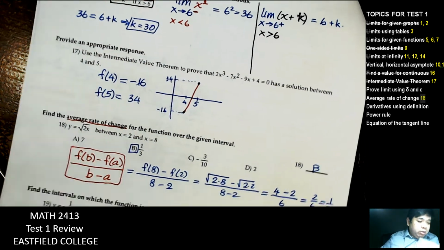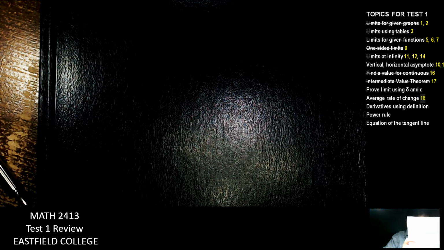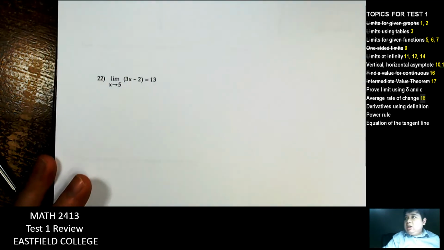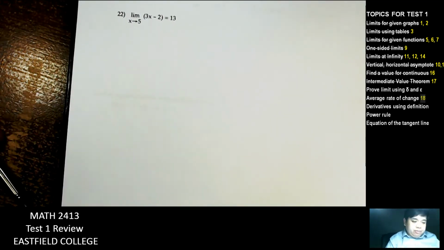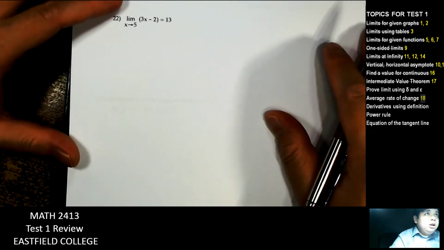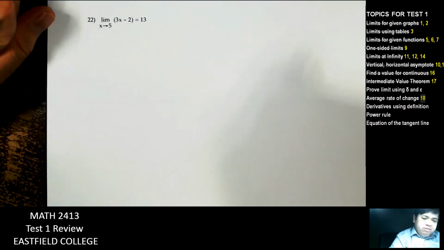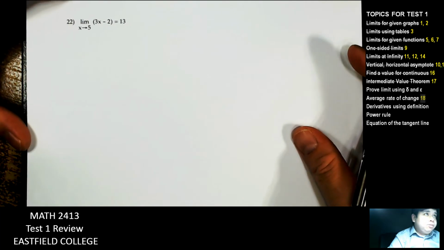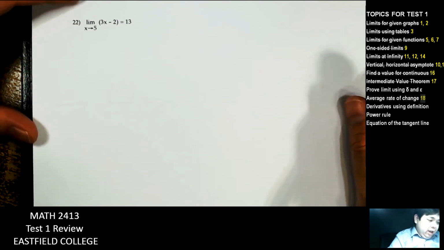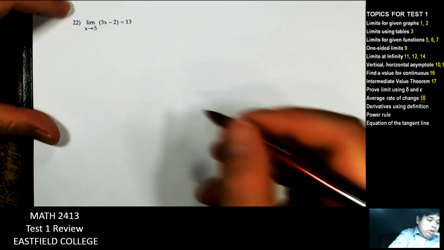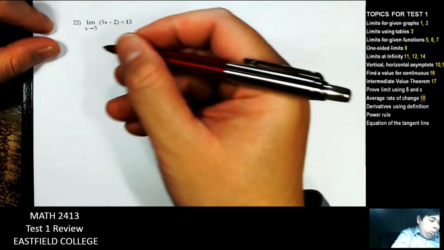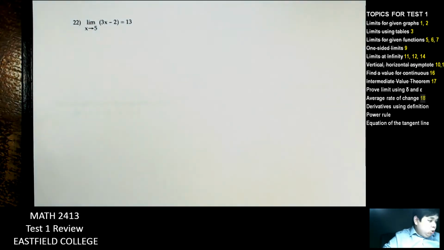Next, we prove limits using epsilon and delta. For this, if we write just the proof, it's kind of backward, so we will do this. It is more natural in this direction.